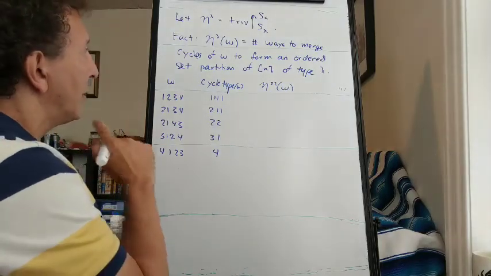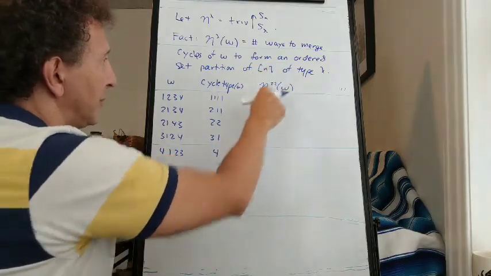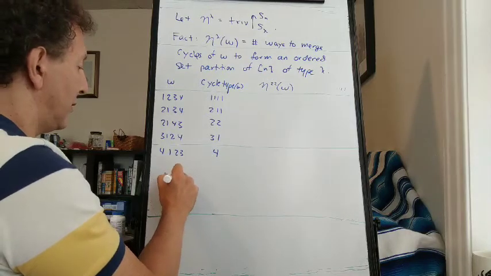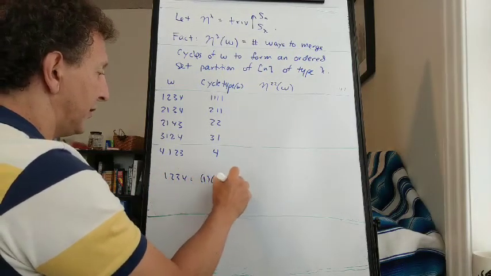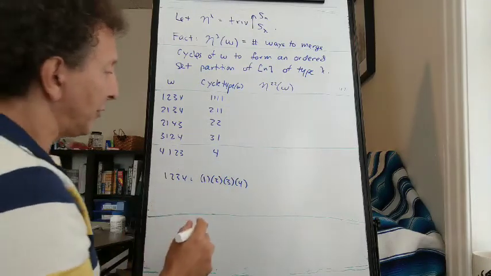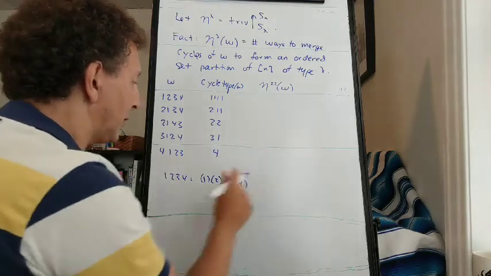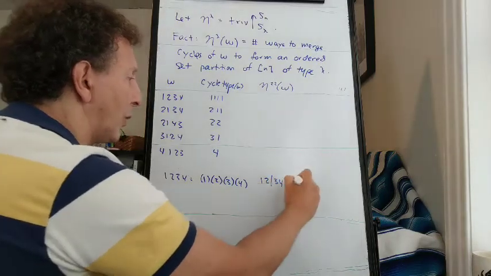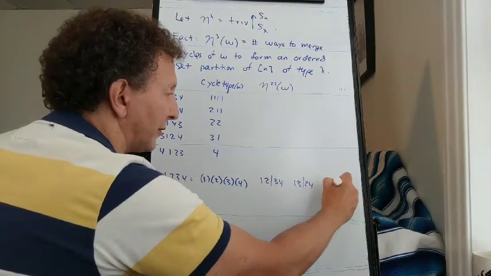So we're going to merge the cycles of W to form an ordered set partition of type 2, 2. So for 1, 2, 3, 4, the cycles are all the singleton cycles. We want to merge those to form an ordered set partition of type 2, 2. So we could put 1 and 2 together in the first block, or 1 and 3 together in the first block, or 1 and 4 together in the first block.